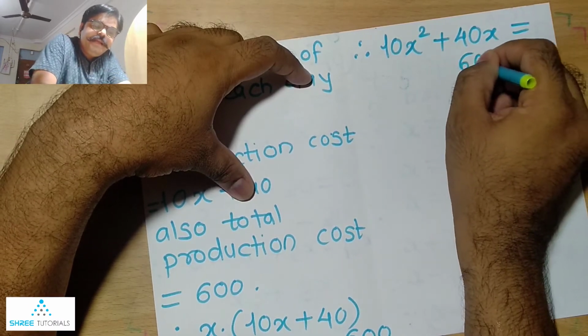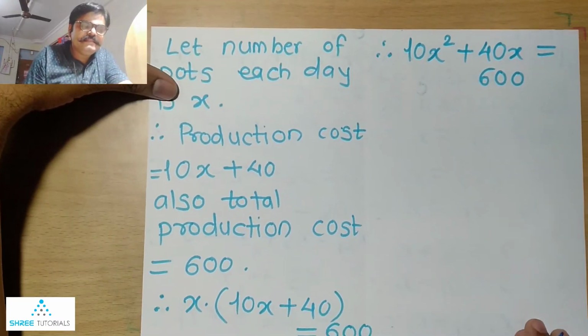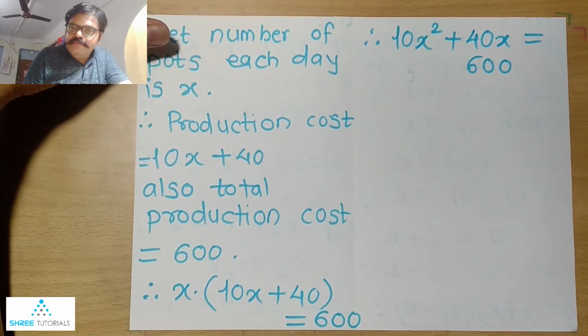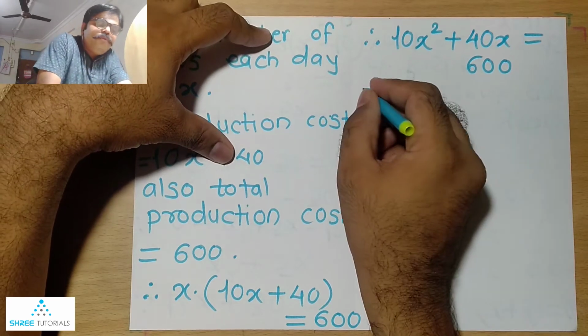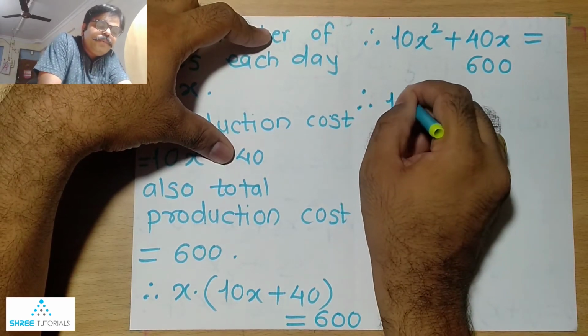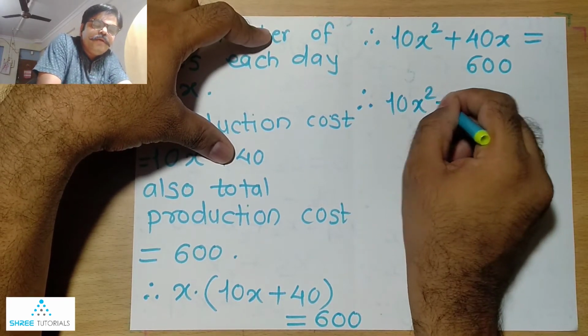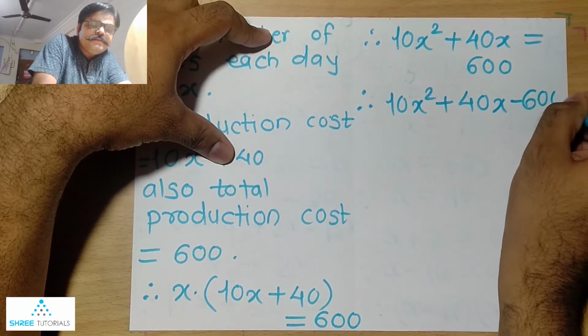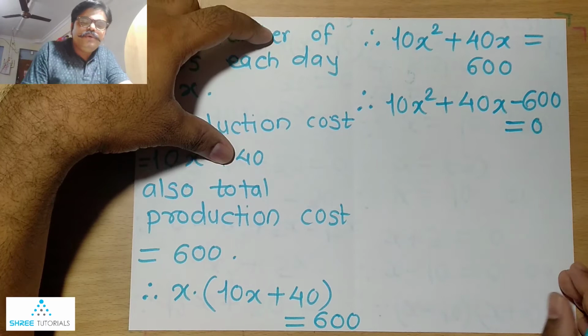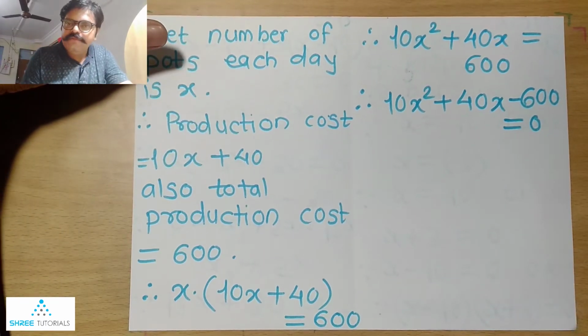This entire thing should be equated with 600. Now we are going to move everything to the left hand side, and therefore our equation will look like 10x square plus 40x minus 600 is equal to 0. So that is the thing we have done so far.